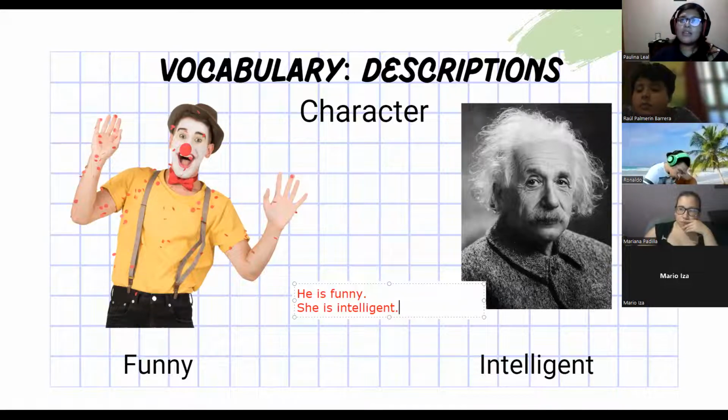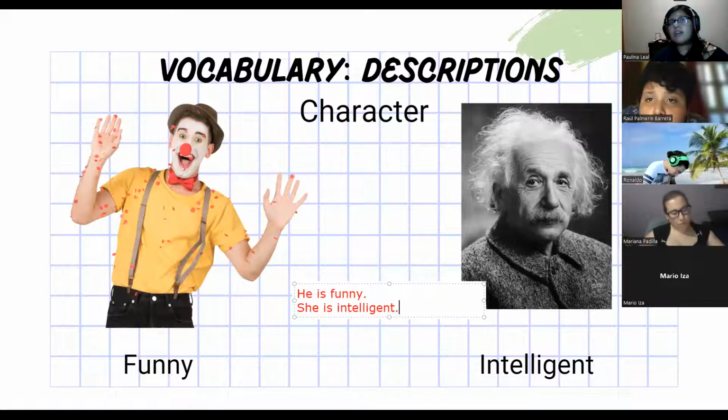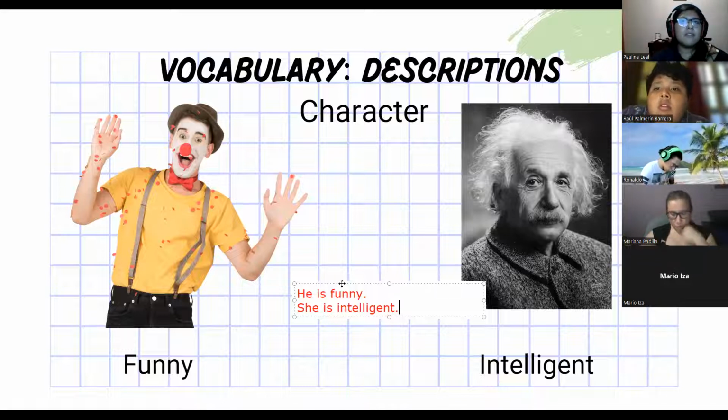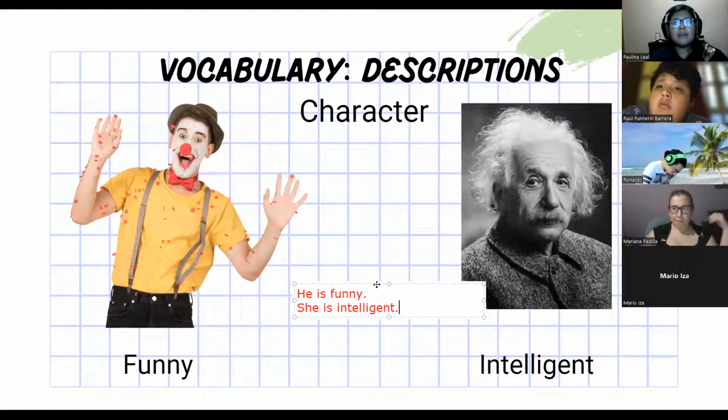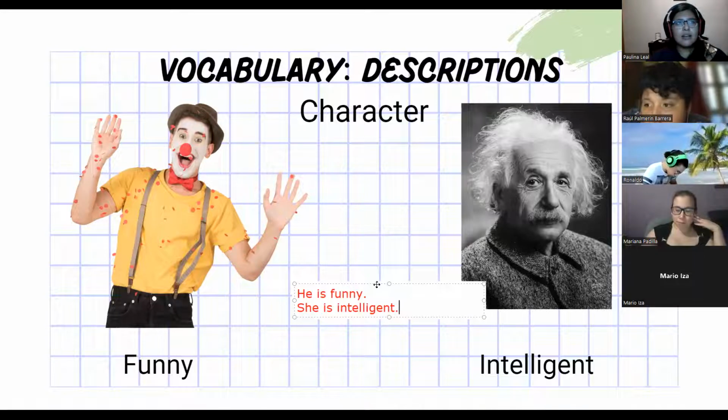Y las otras cosas que tengo son cosas que sí puedo cambiar, a lo mejor el color de mis ojos, el color de mi cabello, la longitud de mi cabello, etc. So that's kind of like a rule of thumb that you can follow. No es una regla como tal, pero a lo mejor nos sirve un poquito para guiarnos sobre qué verbo voy a usar. Is, am, are, or have, has.